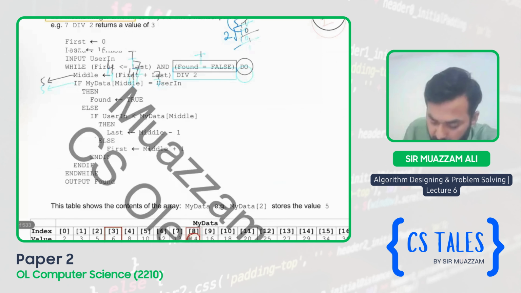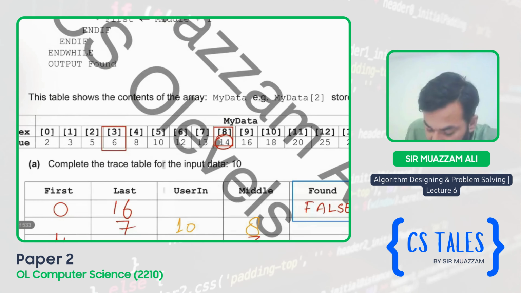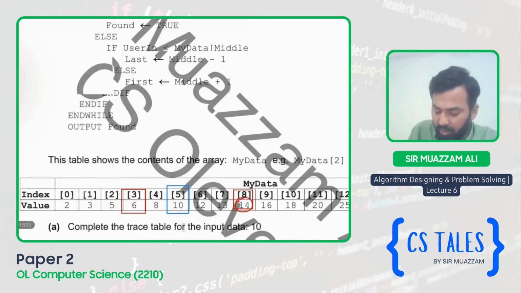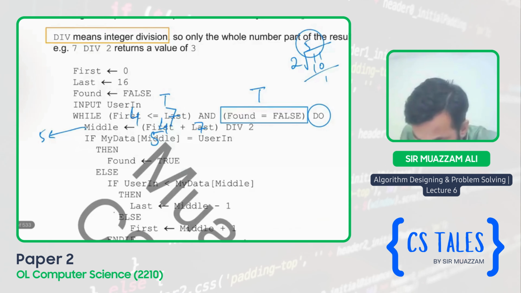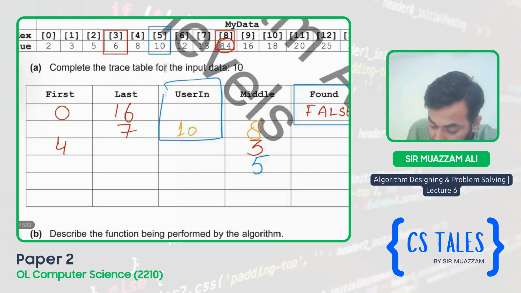Then what happens? You will check my data middle 5. My data middle 5, there is 10. Now check whether 10 is equal to user in, which is 10.